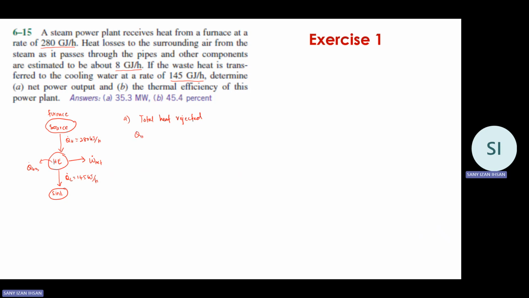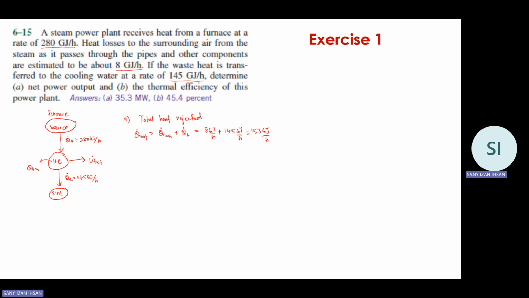So let's call this Q out, rejected from the system, which is nothing but Q dot loss plus Q dot to the sink, to the lower temperature reservoir. And what we have here is nothing but Q loss, 8 gigajoule per hour, plus 145 gigajoule per hour. So you have a total of 153 gigajoule per hour. That is the Q out.